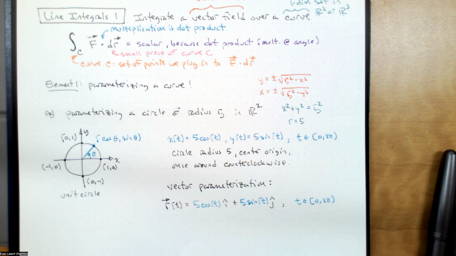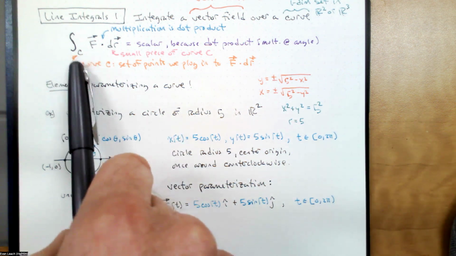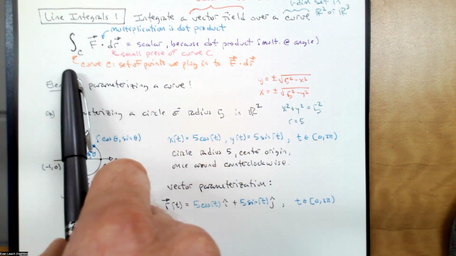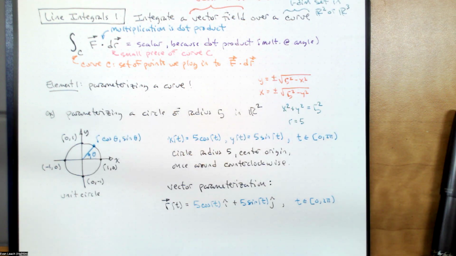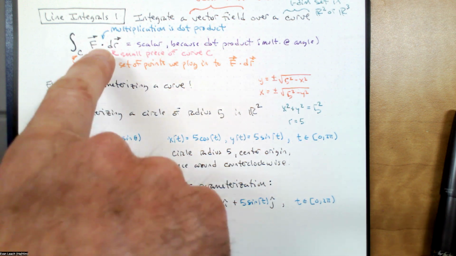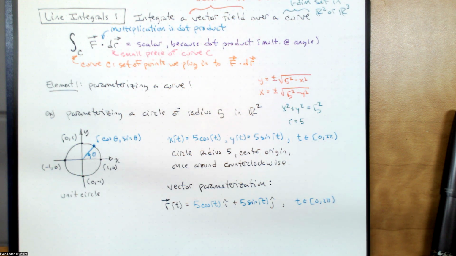If we look back up at the line integral notation, one of the things that we're going to want to do is chop our curve up into small bits dr. I wonder how we're going to get dr from r. If you think we're going to take the derivative, that's why we have the d in front of it, then that's absolutely correct.